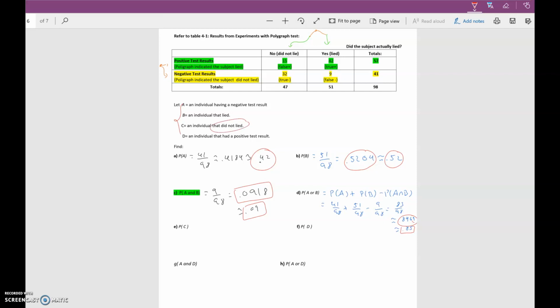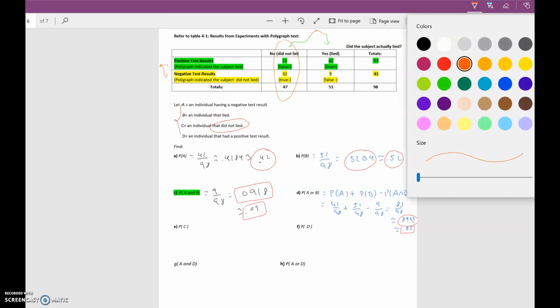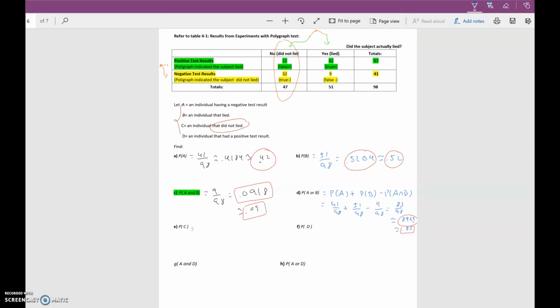Let's take a look at P of C. C is the individual that did not lie. So these are not the lies. For this one, P of C, the individual that did not lie, is 47 out of 98. So this is approximately 0.4796, so 0.48.